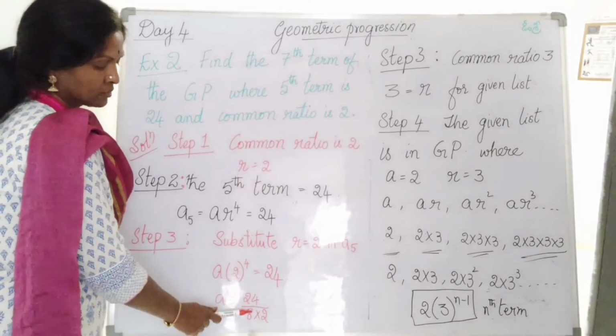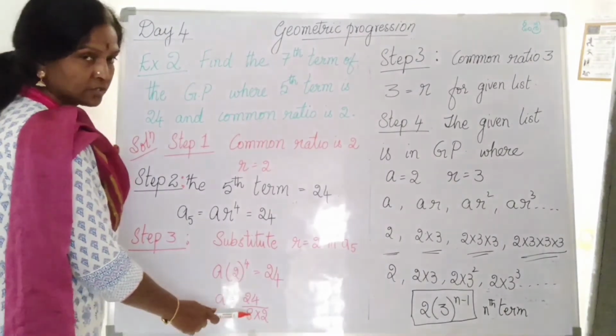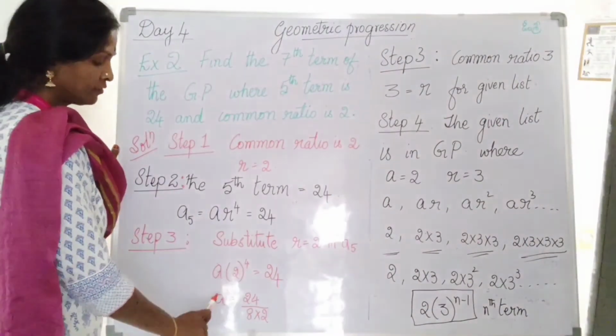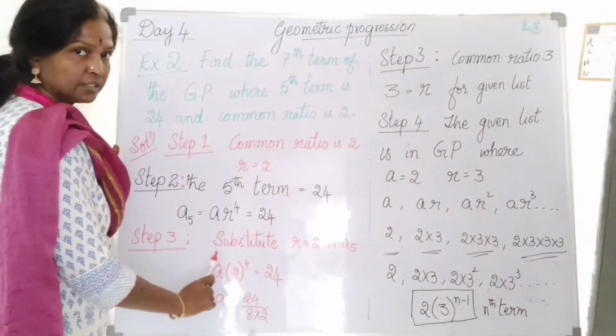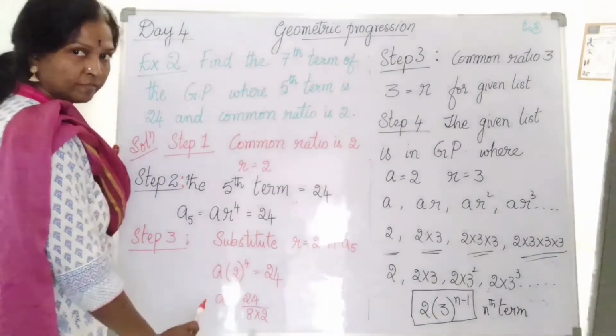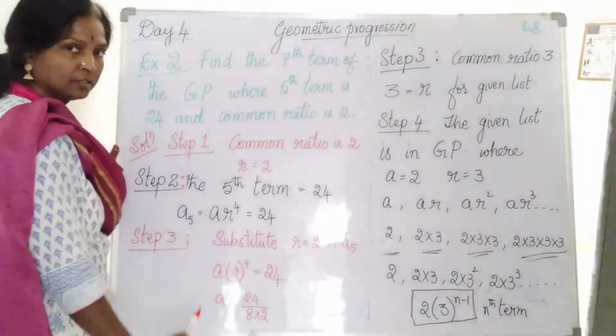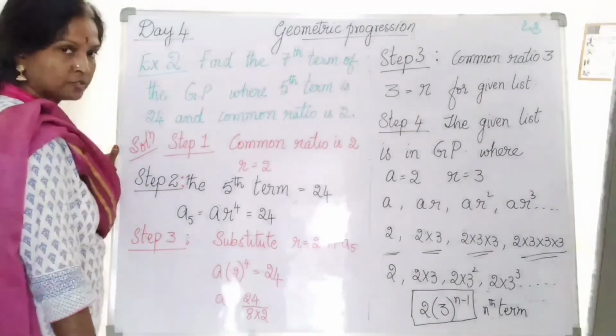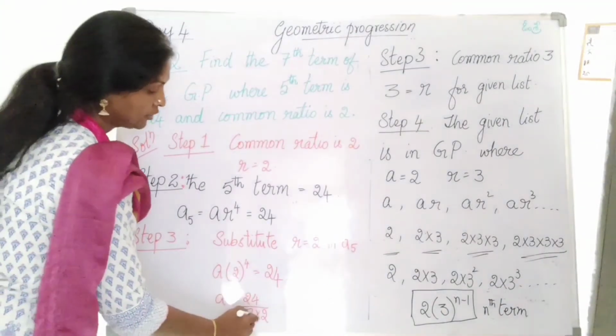So why do we transpose here? To simplify this equation and get the value of A, we are transposing the numerical values to find the value of the given variable.